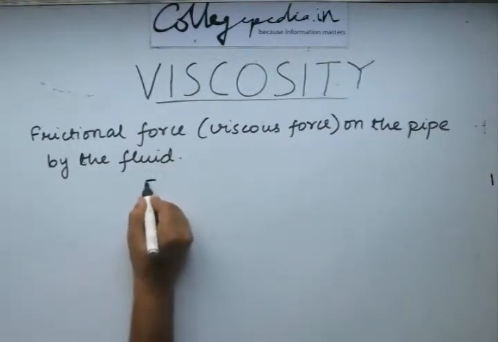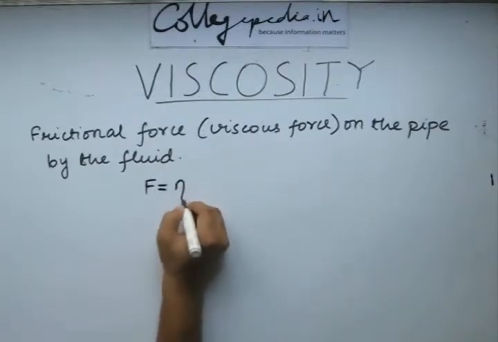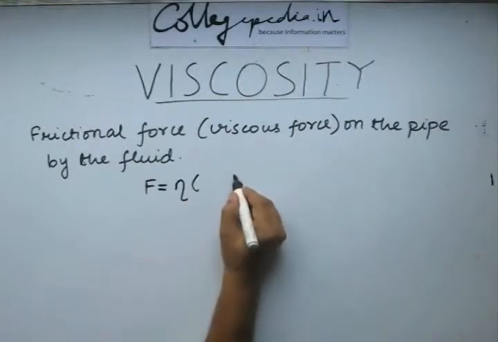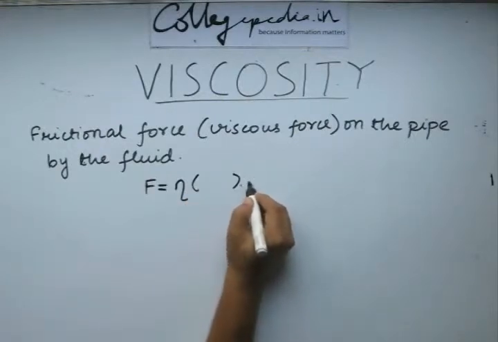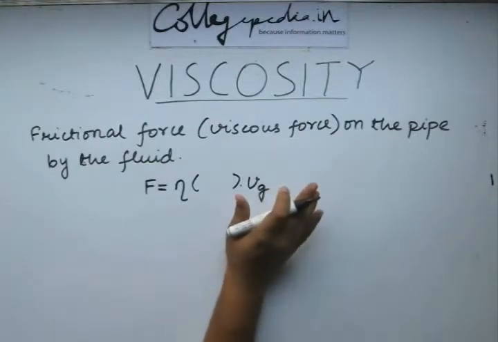That is nothing but the force is going to be equal to eta times the cross sectional area into the velocity gradient. This is what we have.